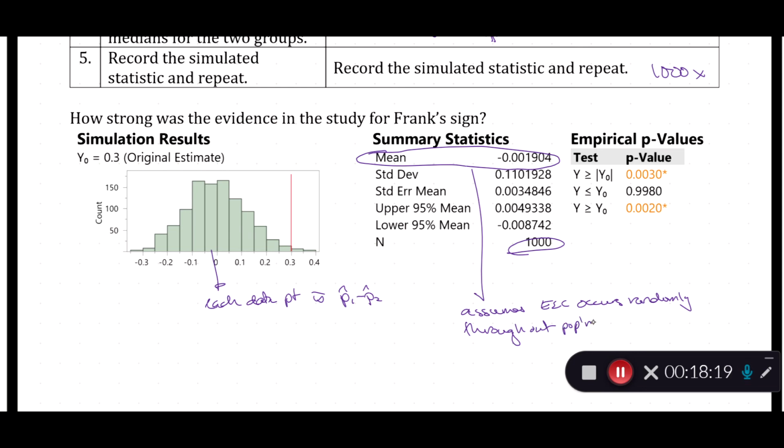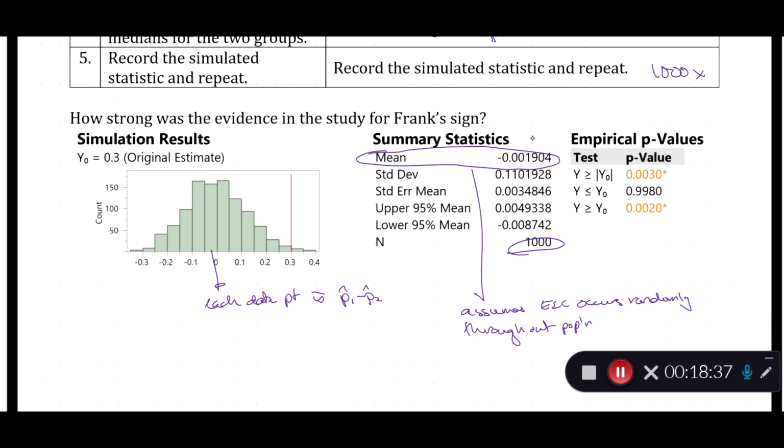That there is no association between coronary artery disease and earlobe crease, which is our null hypothesis. So because this mean difference in proportions is basically 0, we have correctly set up our simulation.